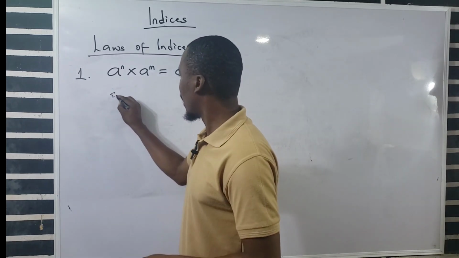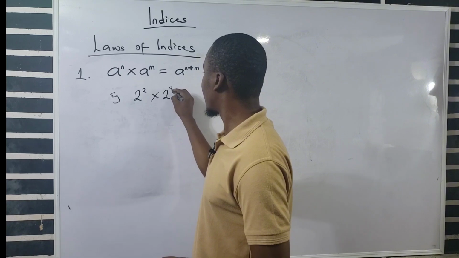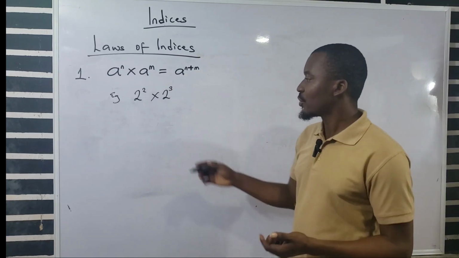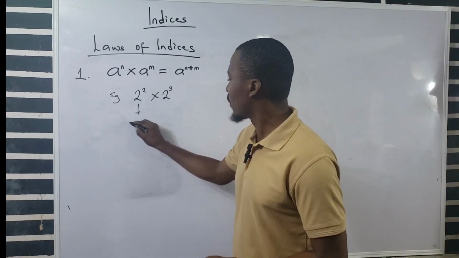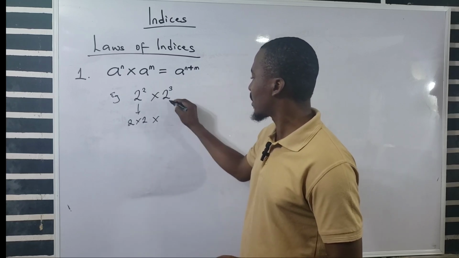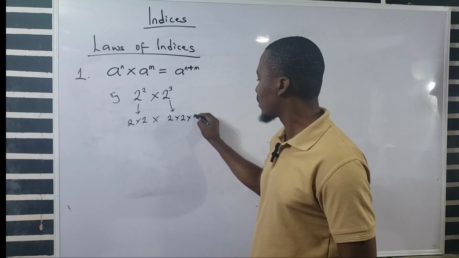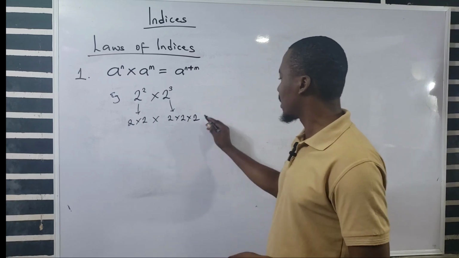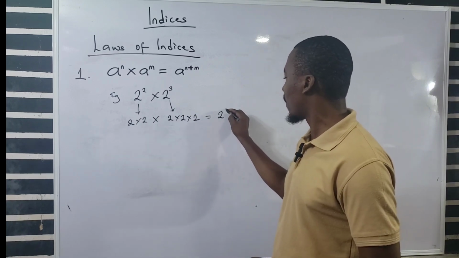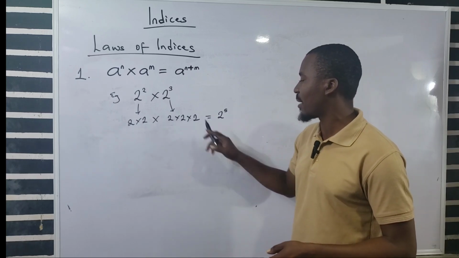Now, how can we show that this is true? If you take 2 raised to power 2 times 2 raised to power 3, what does that mean? 2 raised to power 2 will give you 2 times 2, then this one here will give you 2 times 2 times 2. So if you count all of these, you have 2 raised to power 5, because we now have 1, 2, 3, 4, 5.